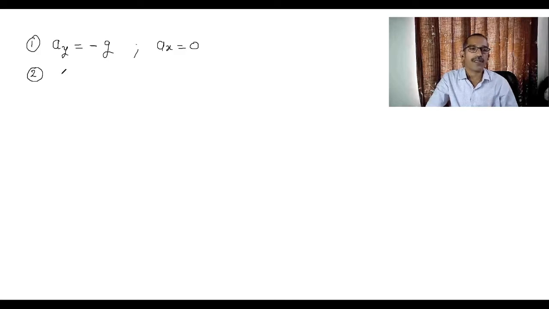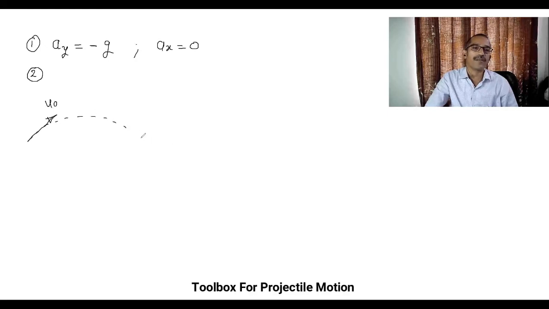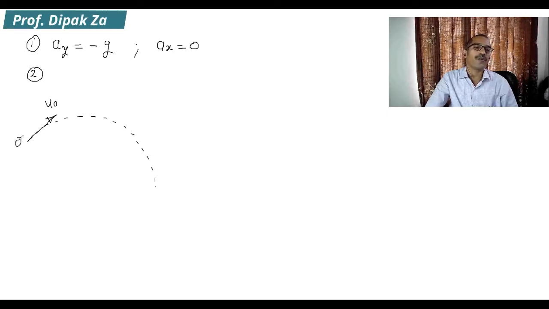Say initially the particle is projected with some initial velocity u0. Now the particle traces some path like this. This one is point O, and I'll locate one point at this location, say point A, and the next point, say B. Now we'll represent the velocities at different locations.